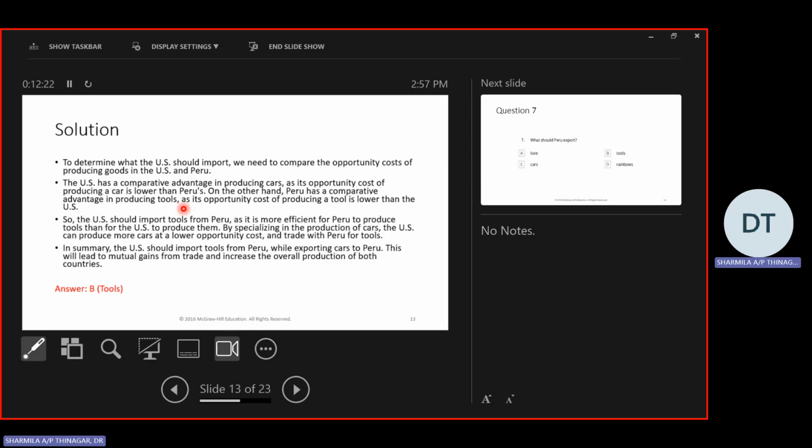That means Peru will be exporting, right? If Peru is exporting means US will be importing, right? So US should import the tools from Peru as it's more efficient for Peru to produce tools than US to produce it. US is going to specialize in cars and Peru is going to focus on tools, right?